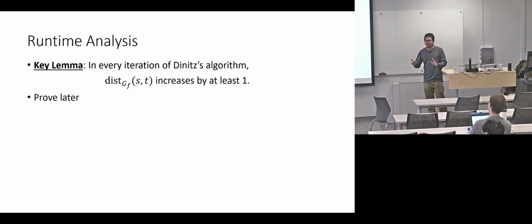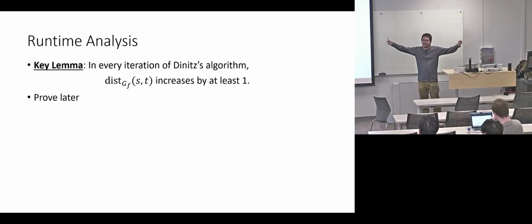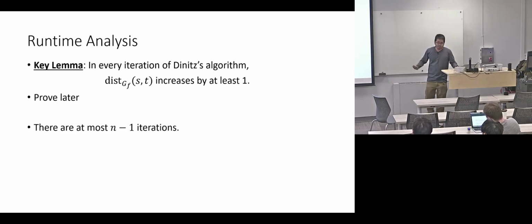Do you see why this is a polynomial time algorithm? What's the maximum distance that it can be from S to T? N minus 1. Right, because once it's more than n minus 1, then you know that there is just no path from S to T, so you are done. So there are at most n minus 1 iterations, assuming this lemma.